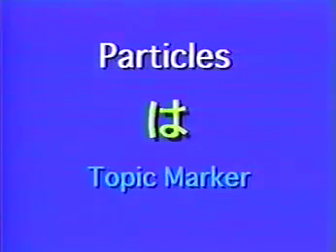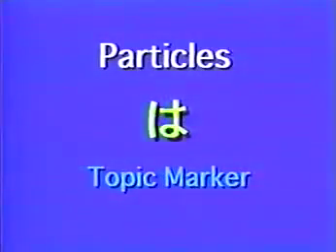A particle is placed after a word or sentence to indicate the relationship between the words in a given context. We learned two particles in the previous lesson. First one is wa, a topic marker, written like the character you see in yellow and pronounced wa. Its basic function is to set up a topic from the rest of the sentence.